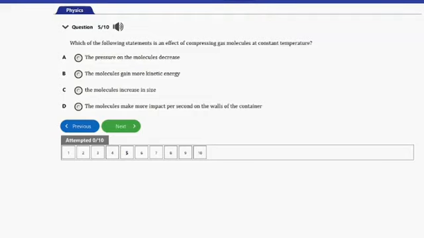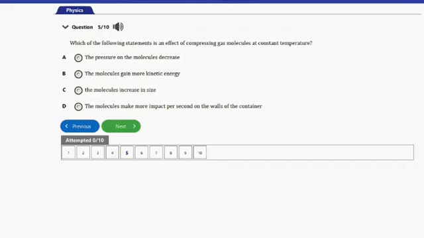It says, which of the following statements is an effect of compressing gas molecules at constant temperature? A. The pressure on the molecules decreases. B. The molecules gain more kinetic energy. C. The molecules increase in size.